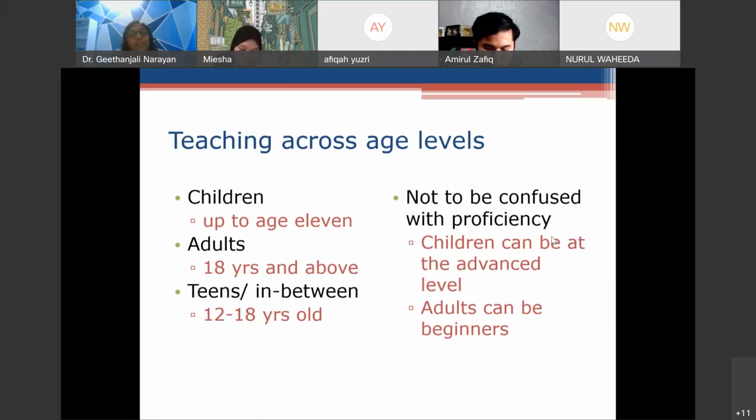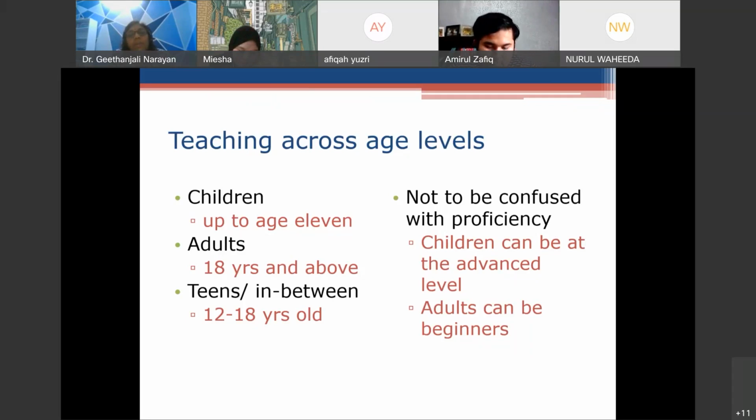with proficiency. A child who speaks English at home all the time comes to your ESL class at the age of 7, may be already a proficient user of the language. All right, the usage is almost automaticity there. It's almost automatic.